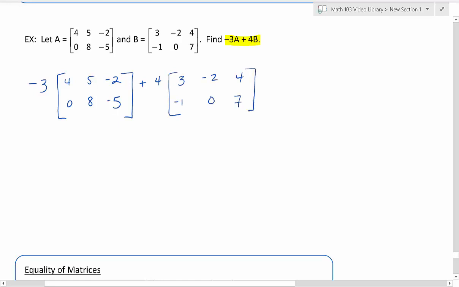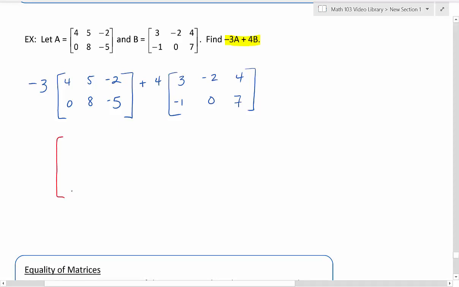All right. Well, order of operations rules the math world even when you're performing operations on matrices. So think about it. What do you think we're going to do first? The scalar multiplication or the addition? We're going to do the scalar multiplication first.